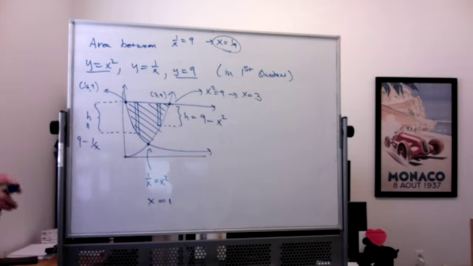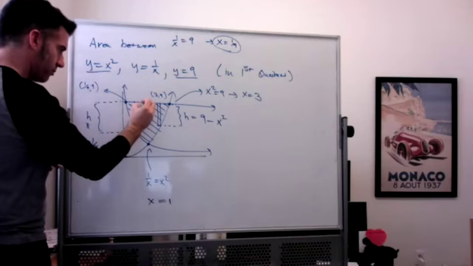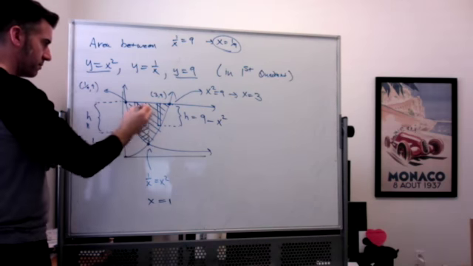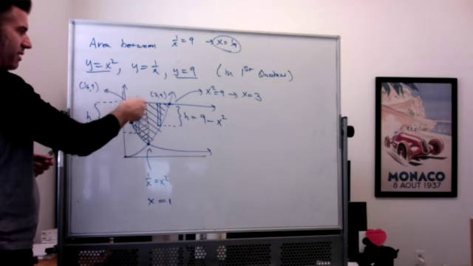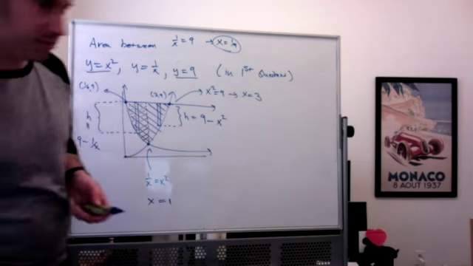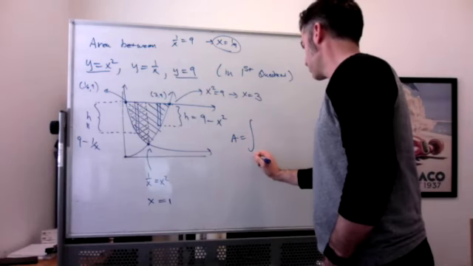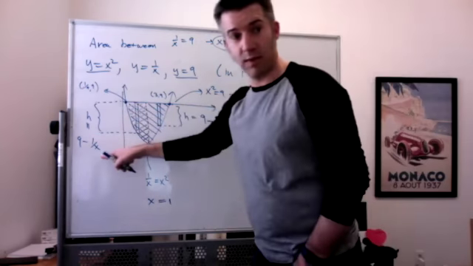All right, so here's what we have to do. We have to break this up in the middle. So from x equals 1/9 to x equals 1, we have to do 9 minus 1 over x.